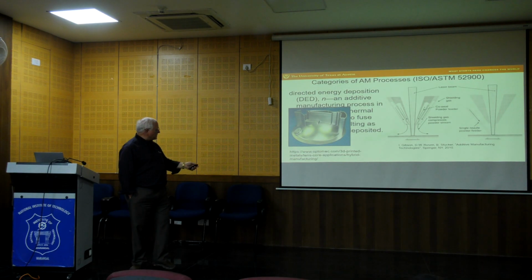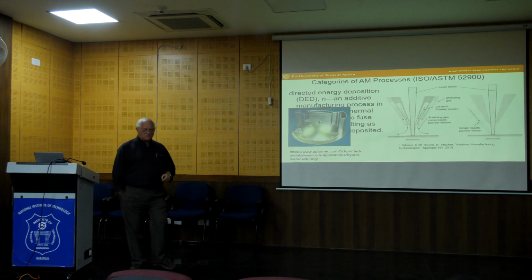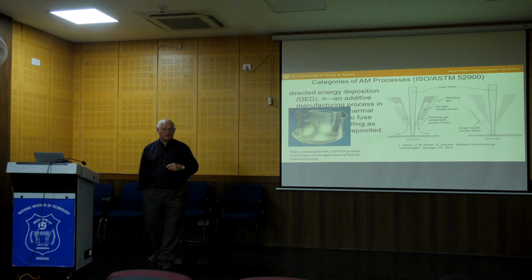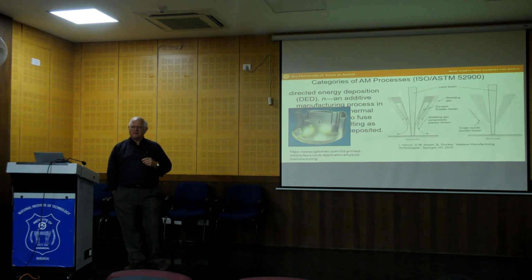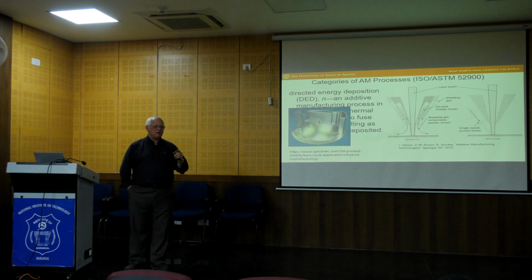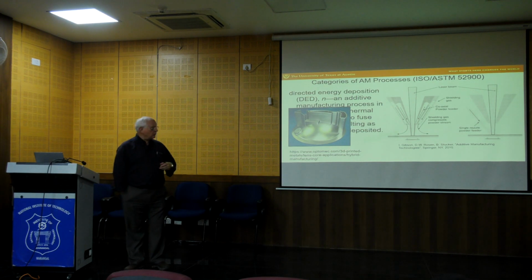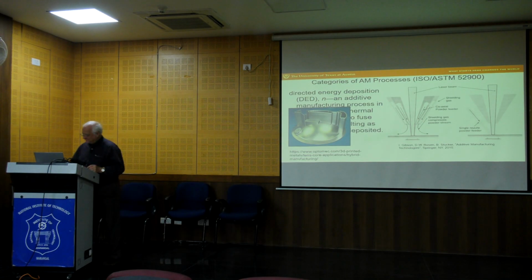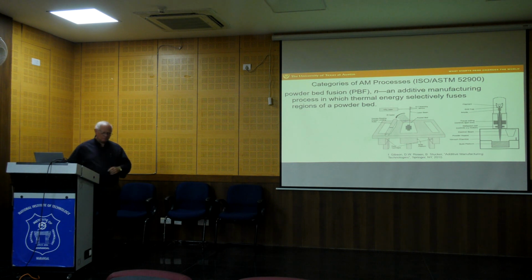The first company was Optomec, which produced the first machine. Optomec is still in business. They're still making the machine there. They call the machine the LENS machine, Laser Engineered Net Shaping, and so the LENS machines are still out there, still available, and so it's a nice success story.